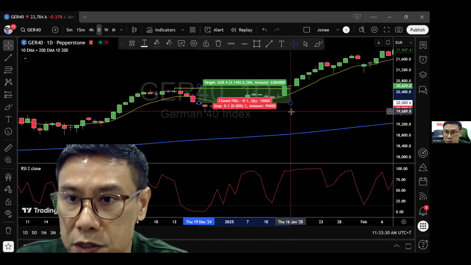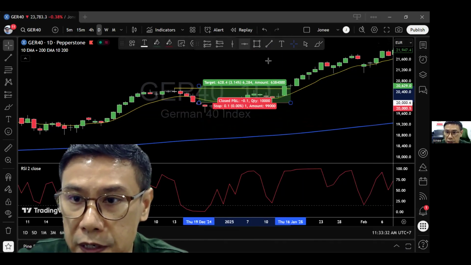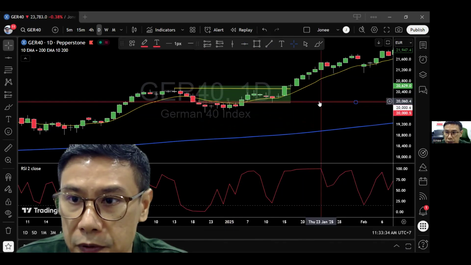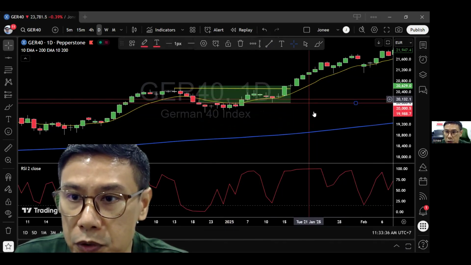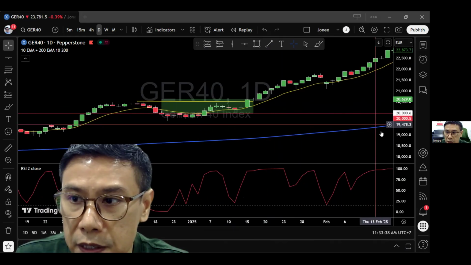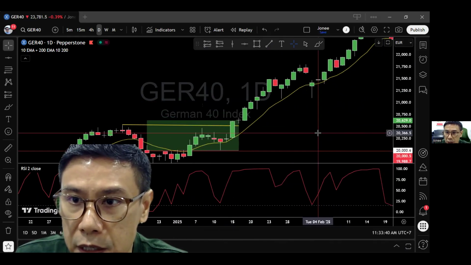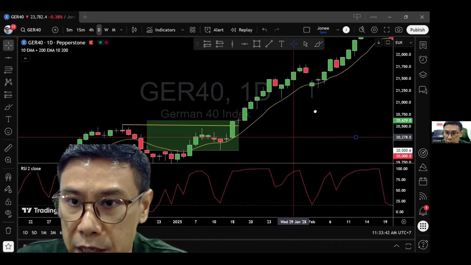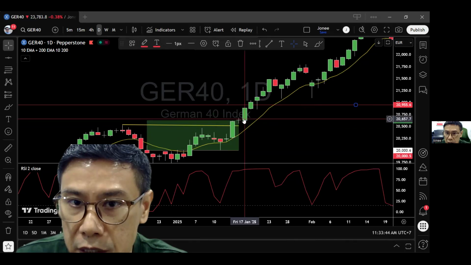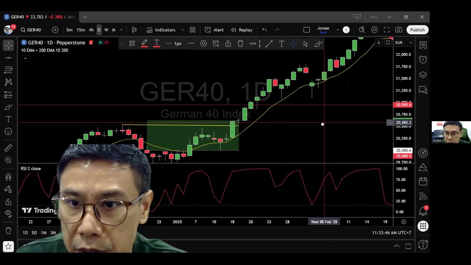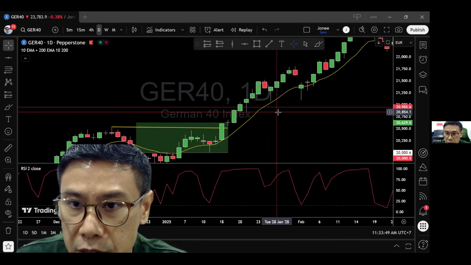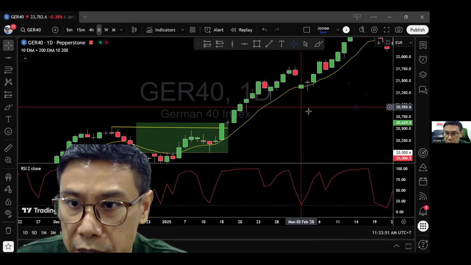And once your stop loss is already at break even, you only exit when price closes back below the 10 EMA. As you can see, every day it keeps on going up, so just keep on trailing your profits for every swing.